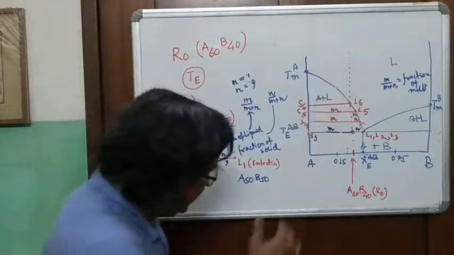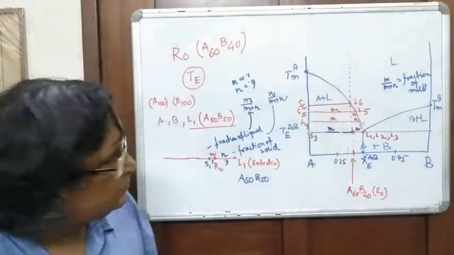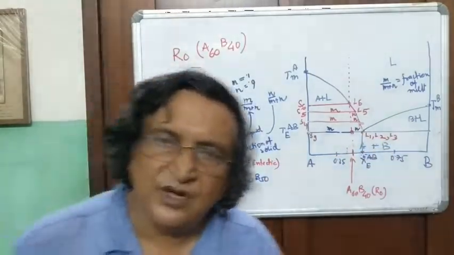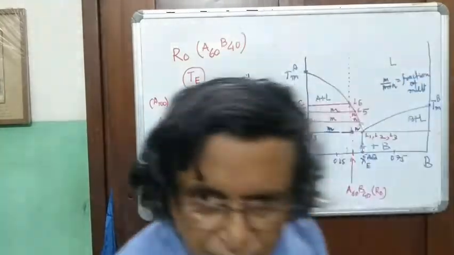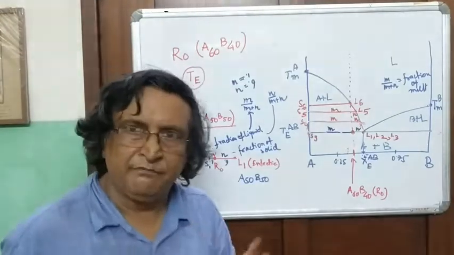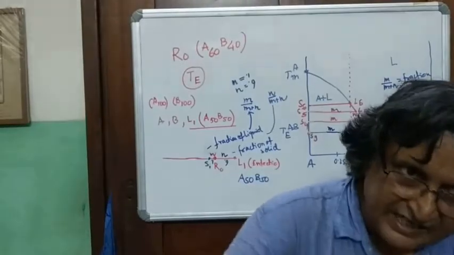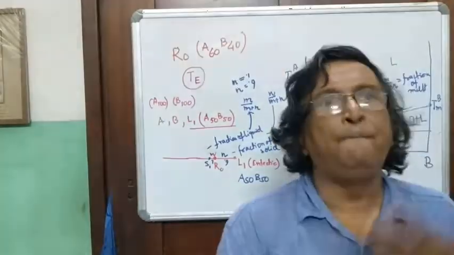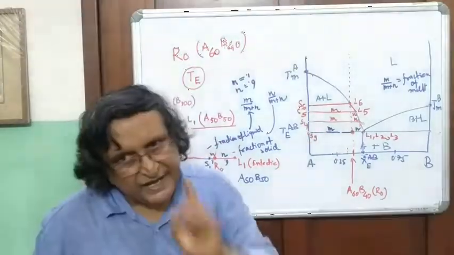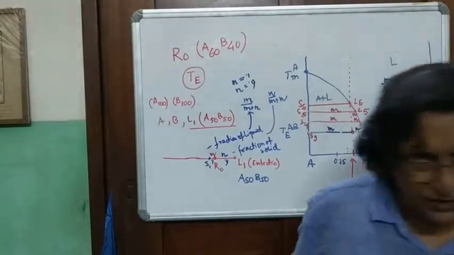See what is happening. You're supplying heat to the rock, but from L1 to L3, the temperature of the rock is not rising. It's the same. The system does not change its temperature as more and more melt of eutectic composition is produced, so long as A and B are there.